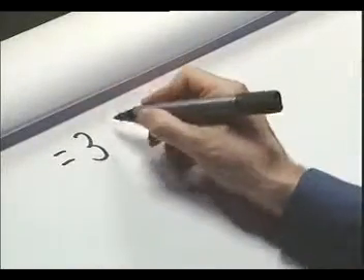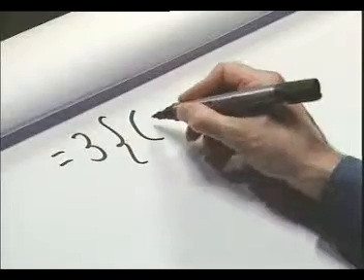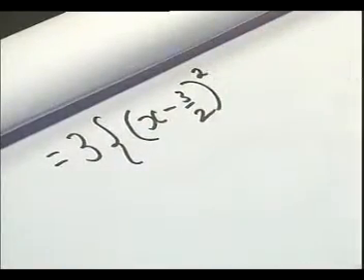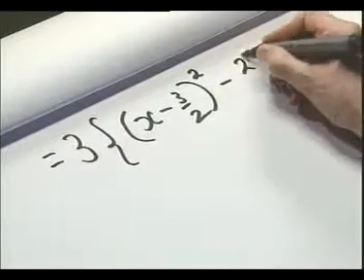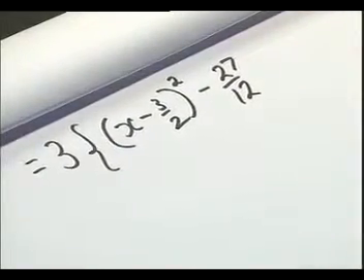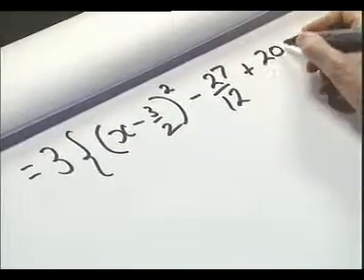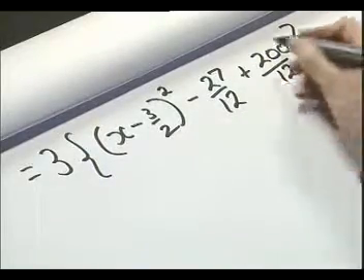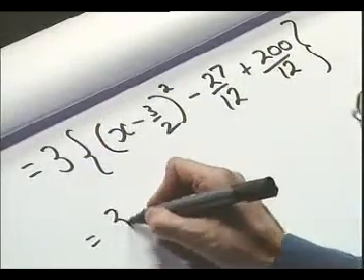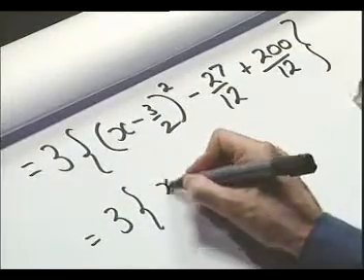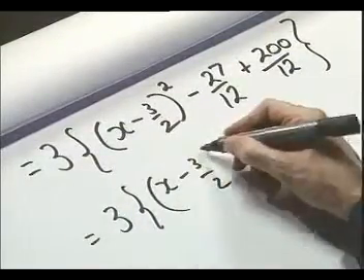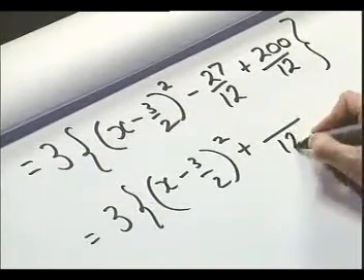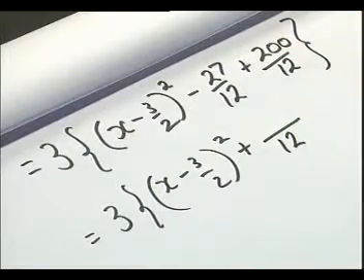Equals 3, the curly bracket, x minus 3 over 2 all squared, minus 27 over 12, plus 200 over 12, and that's the calculation that we need to do here to simplify. 3, the curly bracket, x minus 3 over 2 all squared, plus all over 12, and we're going to take the 27 away from the 200.